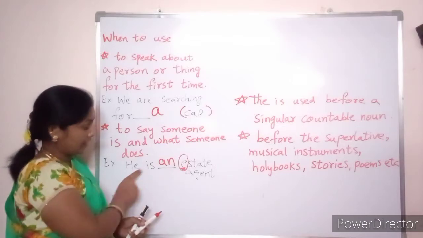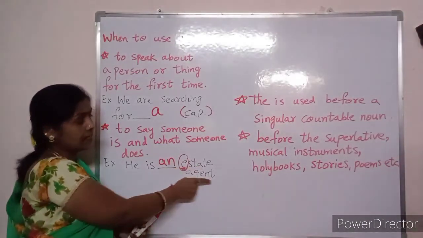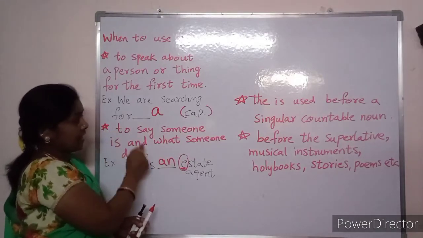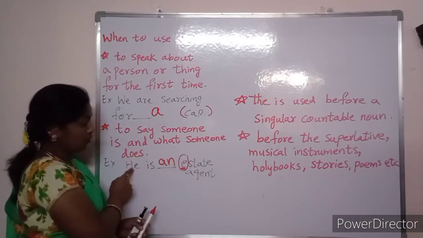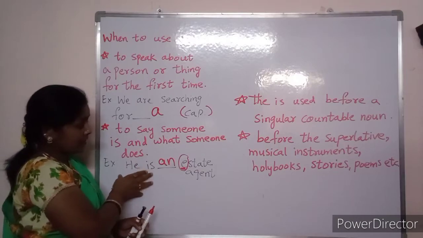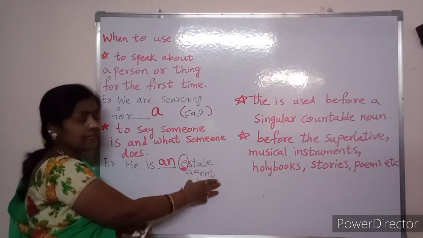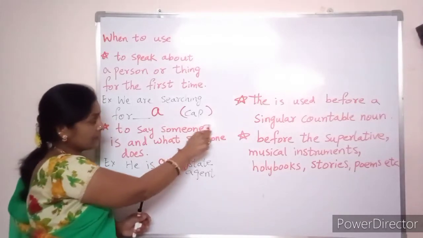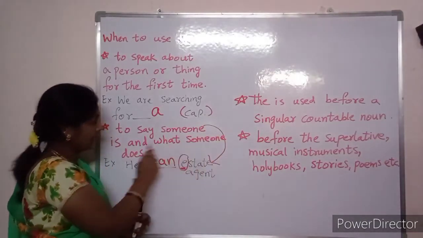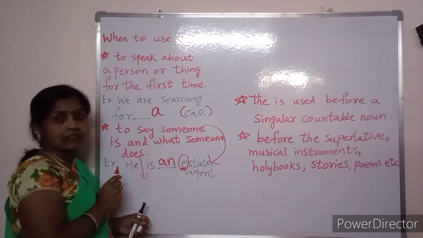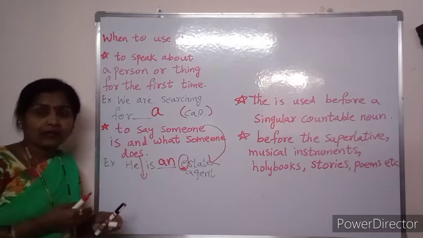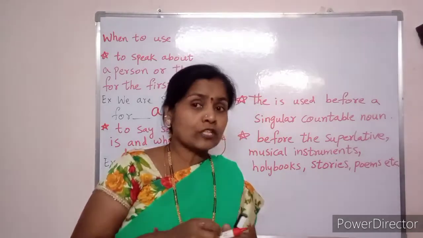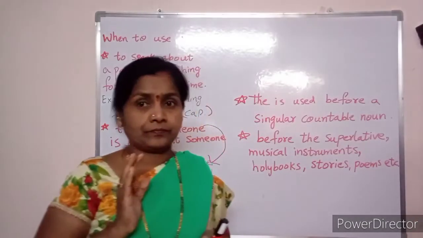So I have written an: he is an estate agent. To say who someone is: what is someone? He is an estate agent. And what does he do? He takes care of the estates. He will sell and resell the properties. So this is what he does.